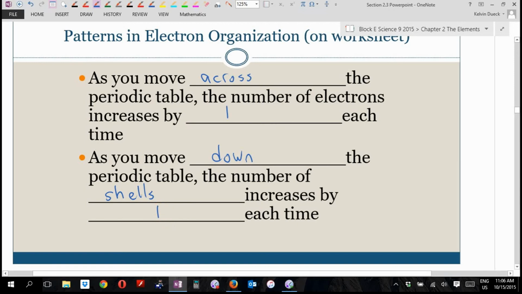At the very bottom, some of those have many shells, but there it's starting to overlap and intertwine, and much of what I'm telling you is wrong. But certainly potassium, find potassium, how many shells does it have? 4. Everything in that row has 4 shells. Okay?